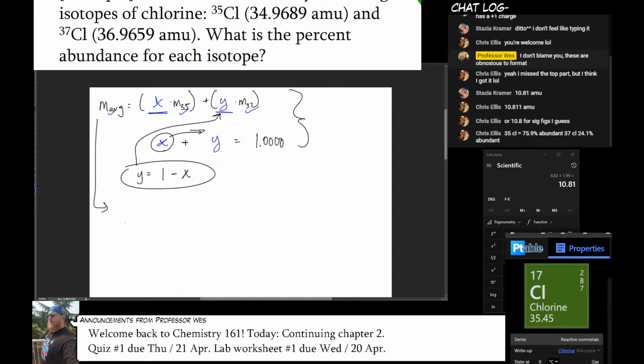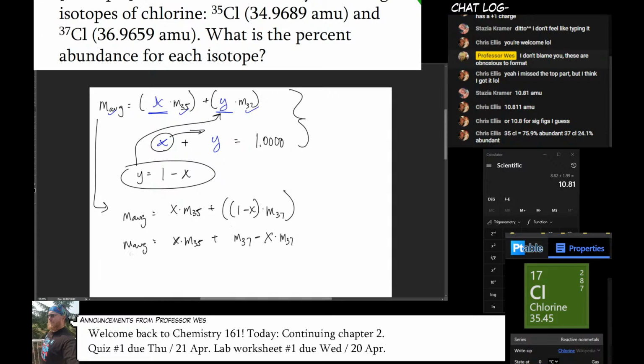So my expression now is going to look like this: M average equals x times M35 plus 1 minus x times M37, which then looks like this. Now I don't need these parentheses anymore because I don't have any more multiplication to factor in, so I got that.